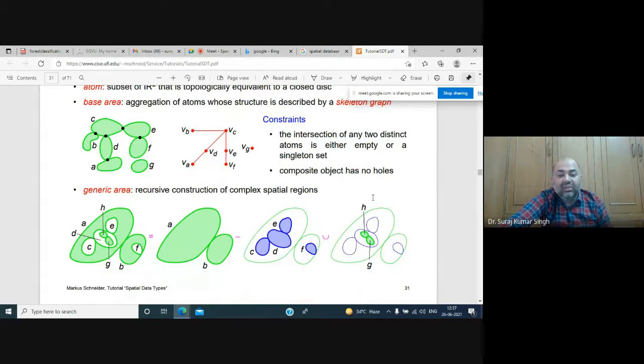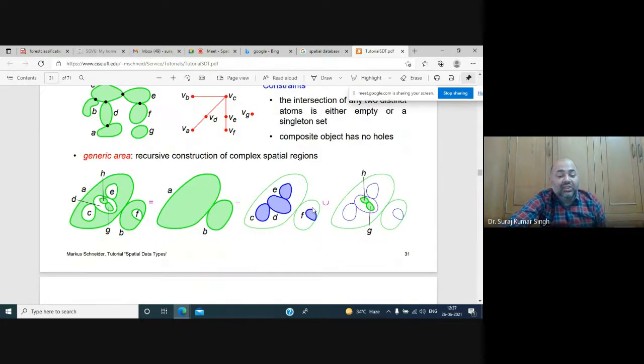What is the constraint? The intersection of any two distinct atoms is either empty or a singleton set. This is a composite object, has no holes. So you can see how this recursive construction of a complex spatial region is being created using such a method.